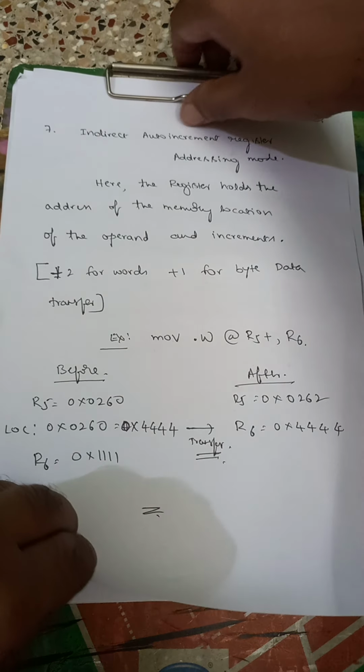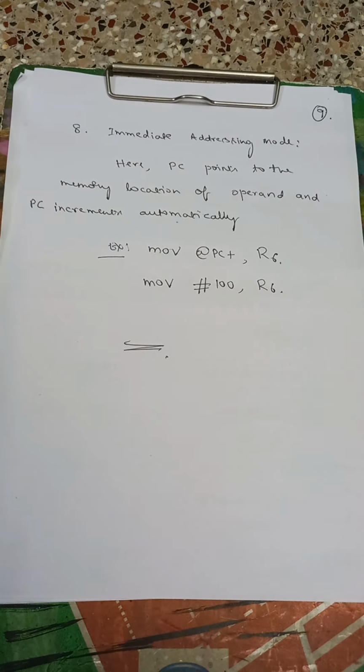Then lastly, we have got immediate addressing mode, where PC will point to the data, because data is mentioned in the instruction itself. Instruction is going to be there in the program memory, of course pointed by PC.